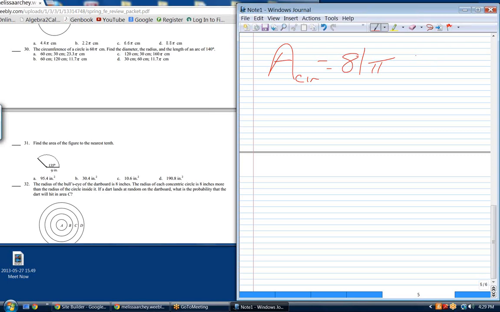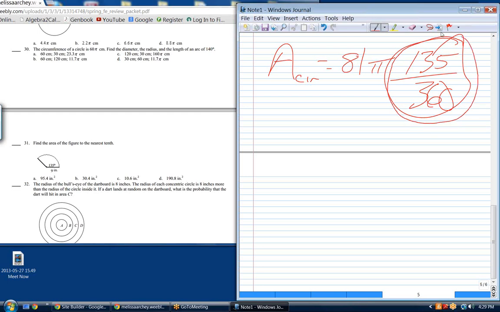Only 135 over 360. So that's my multiplier. Multiplier? Don't you mean you divide that? No, I multiply this by the area of the full circle, because I'm only dealing with this part of the circle. I'm dealing with about a third of it.